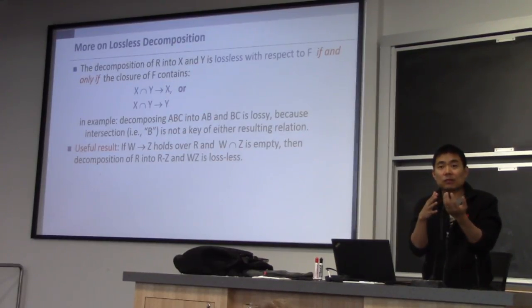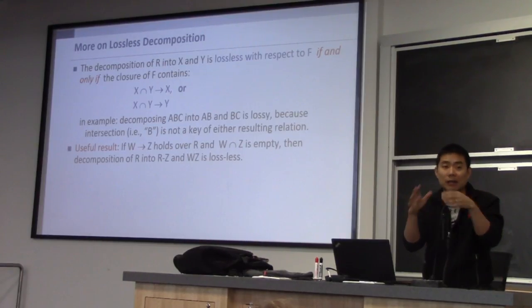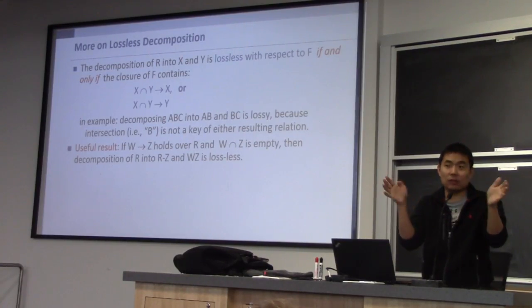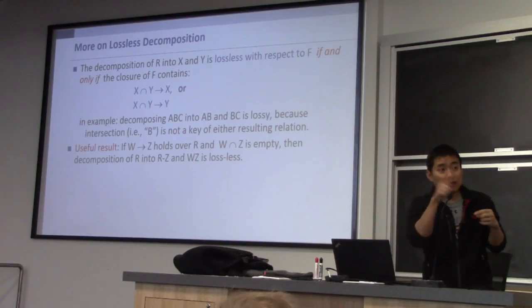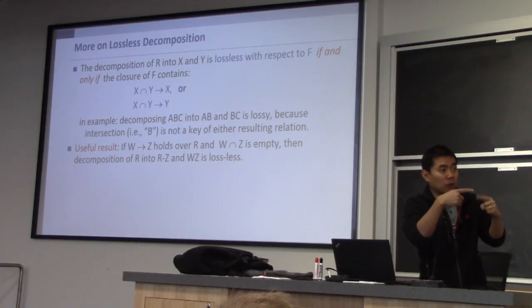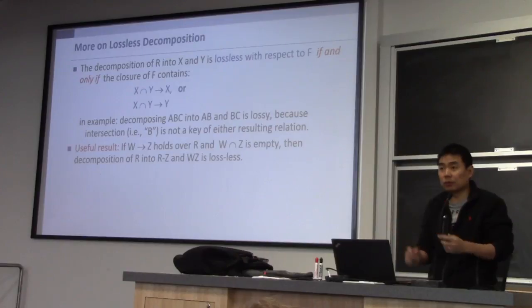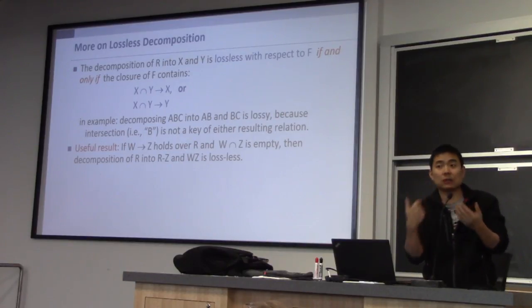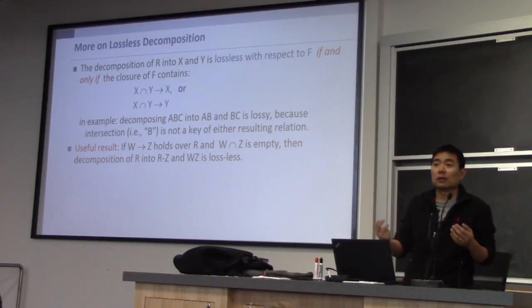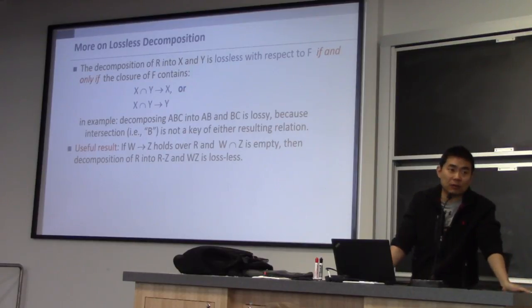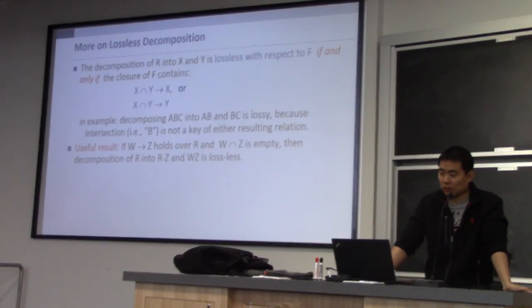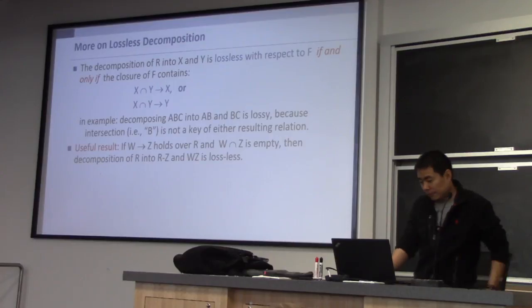The necessary condition says, if you have a decomposition of R into X and Y, and if you claim this is lossless, then it must be the case that the intersection of them must determine one of the two. That's the necessary condition direction. Okay? And this is the if and only if, so both directions hold. Both necessary and sufficient condition hold.